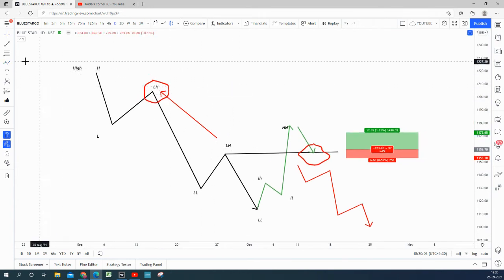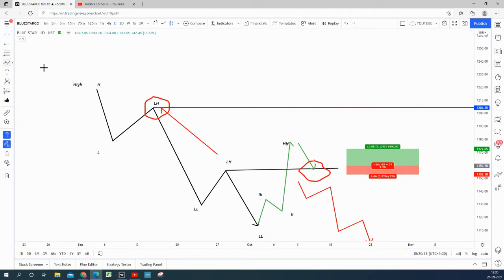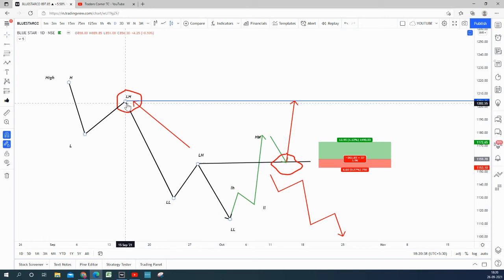So when you take a trade, draw resistance by marking the previous lower high. When you initiate a trade from the retracement point, for sure your target will go to the previous lower high. That means price closed above this lower high, so when you take a trade here, the target is the lower high, I mean the previous high.